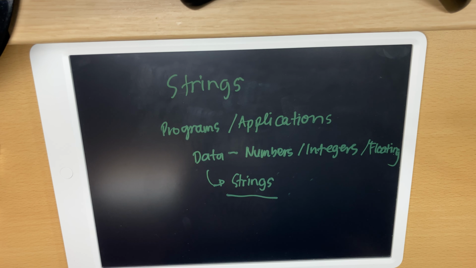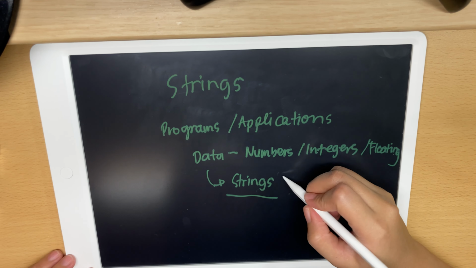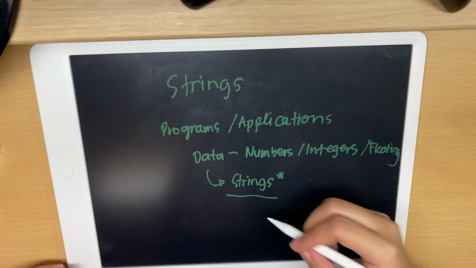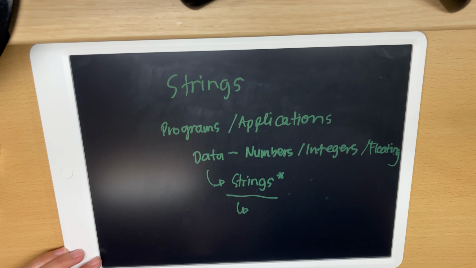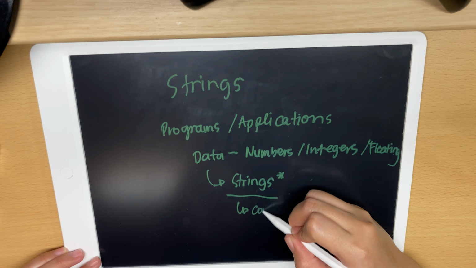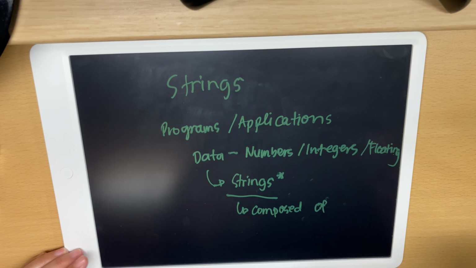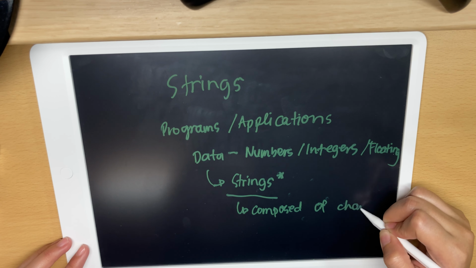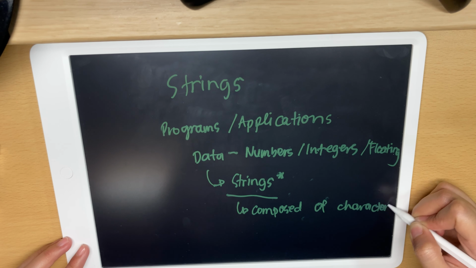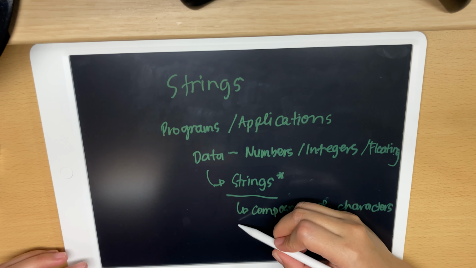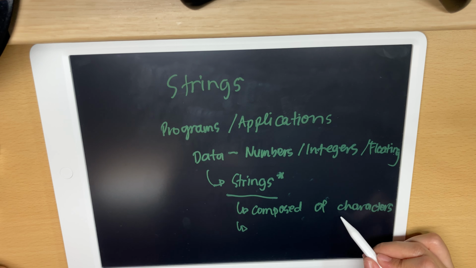Like most programs, they utilize strings. So when we say it's a string, it's composed of characters, and depending on the written language, it can be composed of different ones.